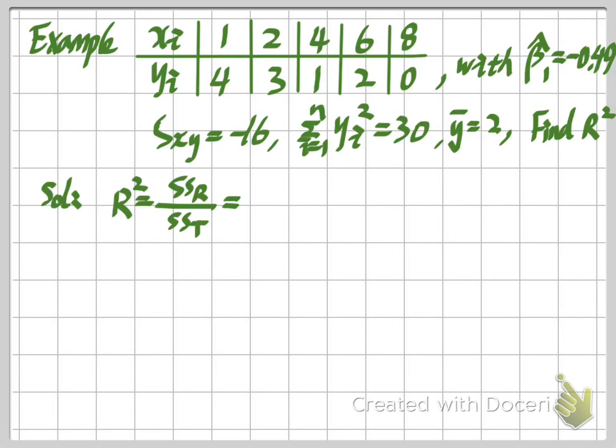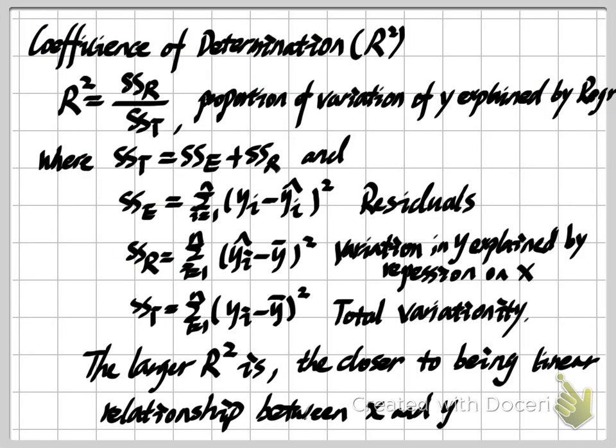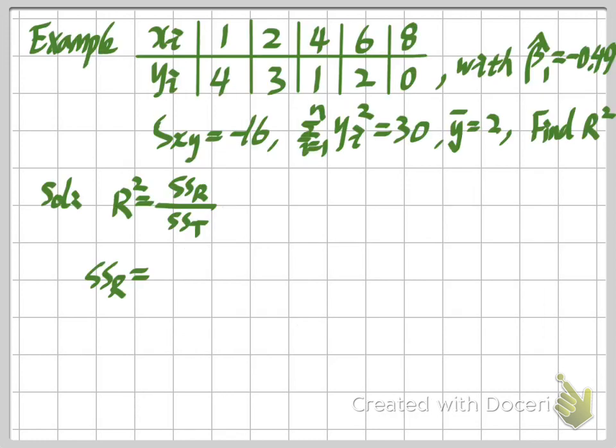To compute our SSR, one way is to use the equation, the difference between our y hat minus y bar. But that means we will need the estimator of yi, in other words, beta 0 hat plus beta 1 hat times each value of x.